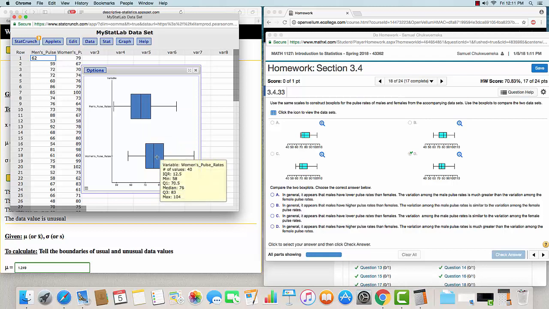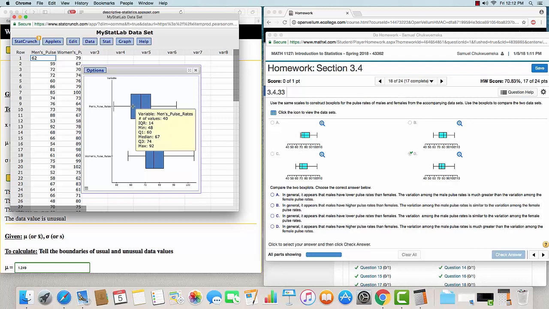And for the women, let me make sure I calculated, because I don't want the IQR, the interquartile range. Oh no, I'm sorry, I'm looking at the IQR. Please don't be mistaken, okay?